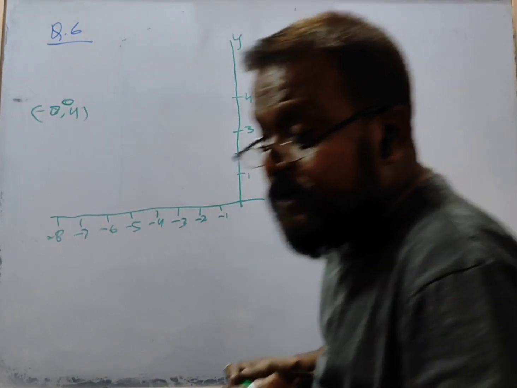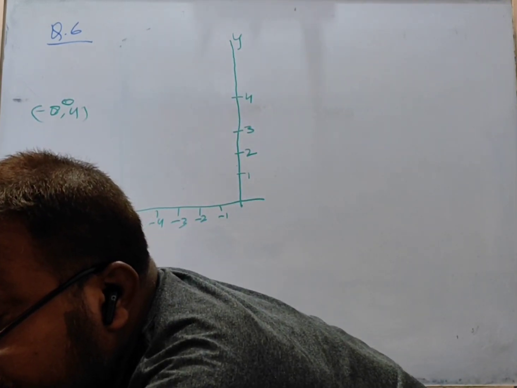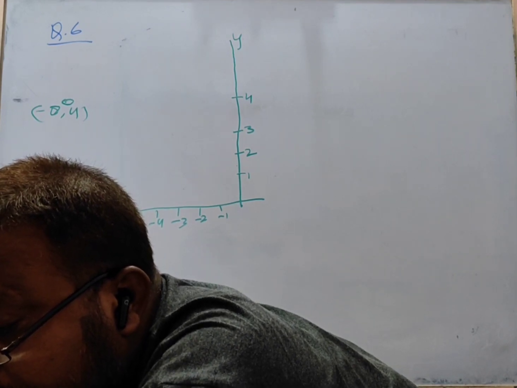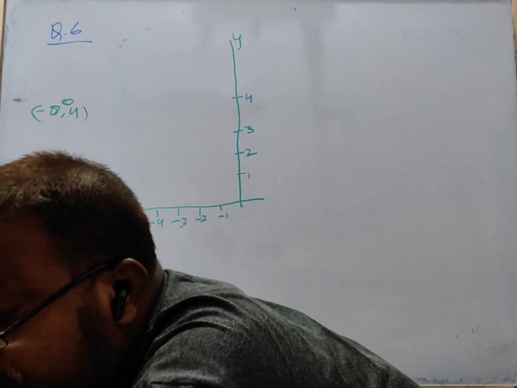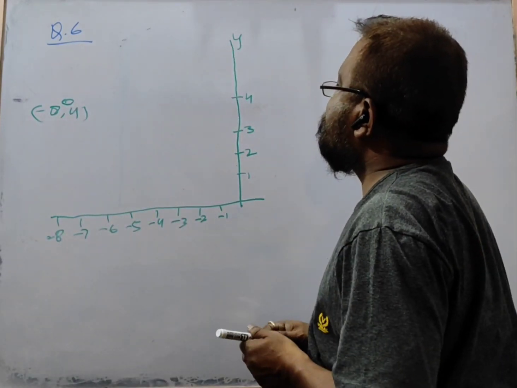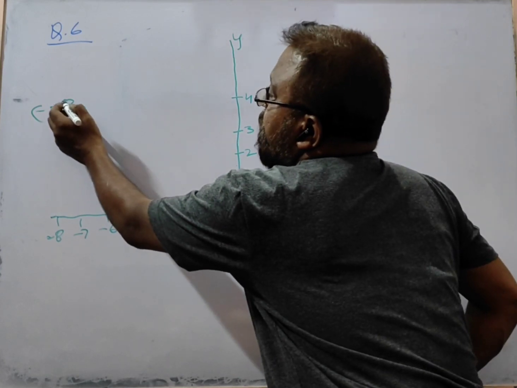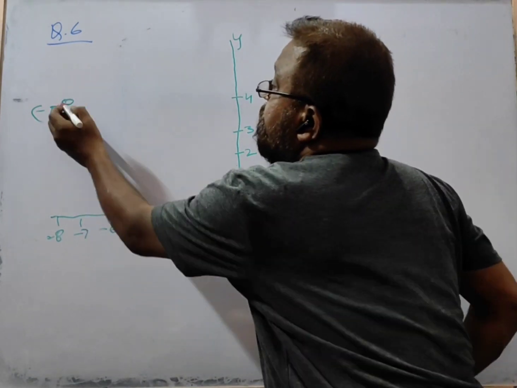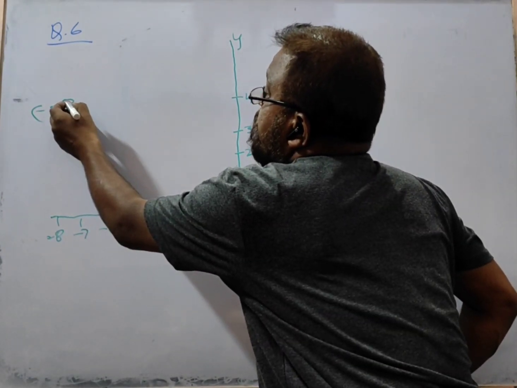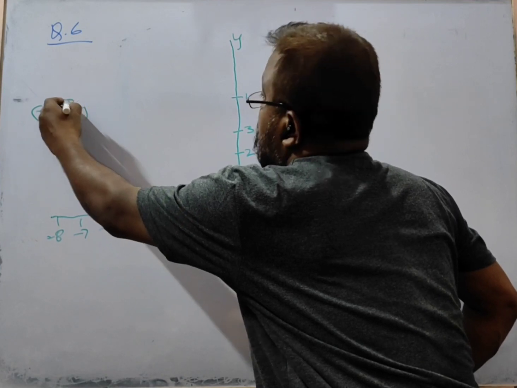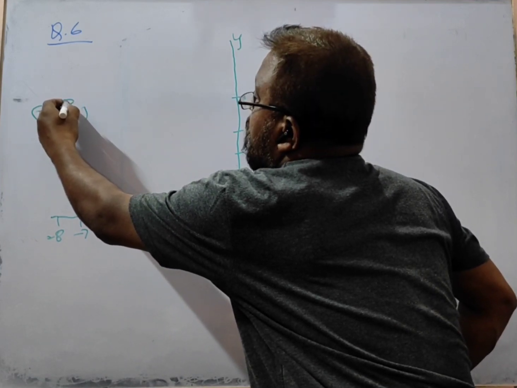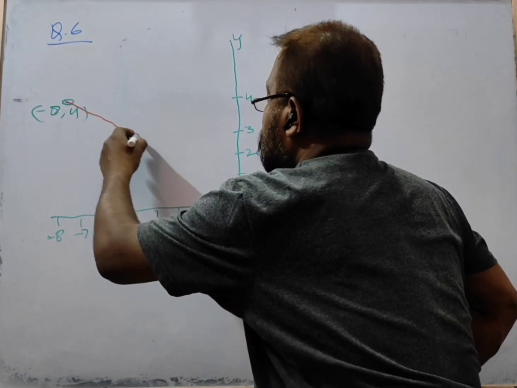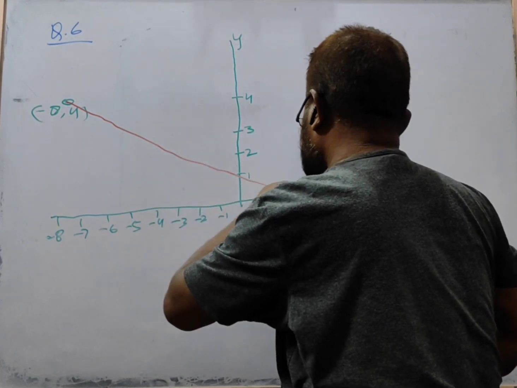And we have to find the coordinates of the point on the y-axis which is at a distance of 10 units. Suppose it is intersecting the y-axis at a distance of 10 units, like this.